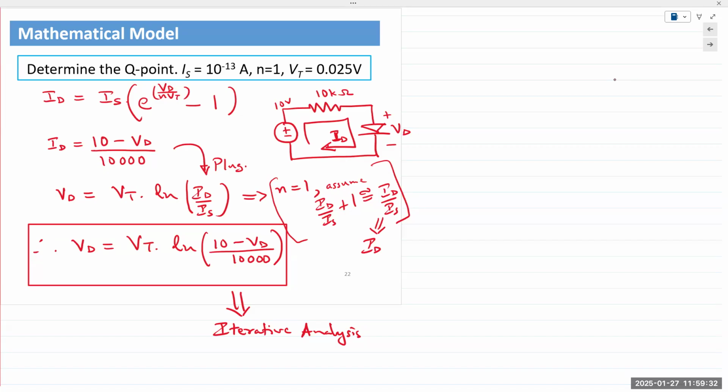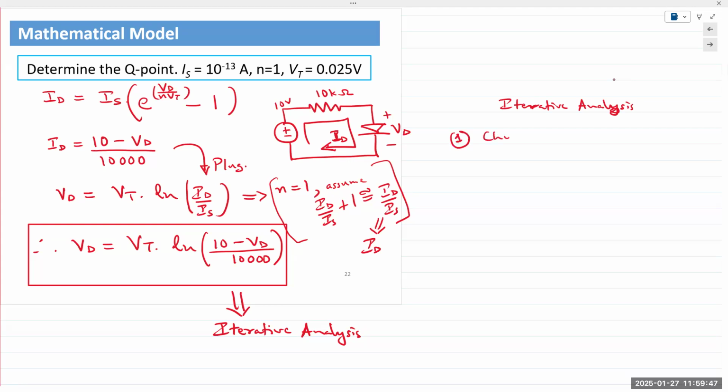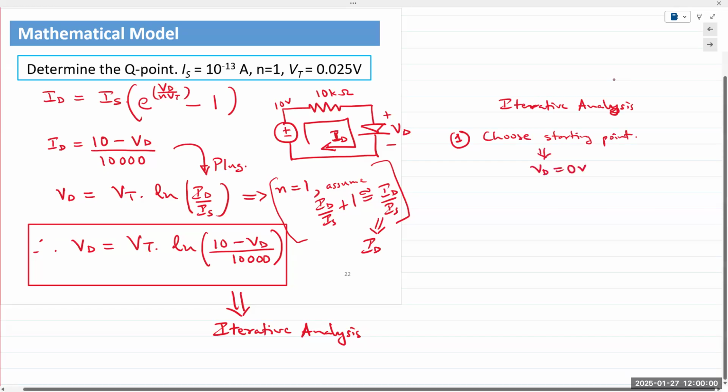So what we would do in iterative analysis is we pick a starting point. In this case, I'm going to choose VD equal to 0.